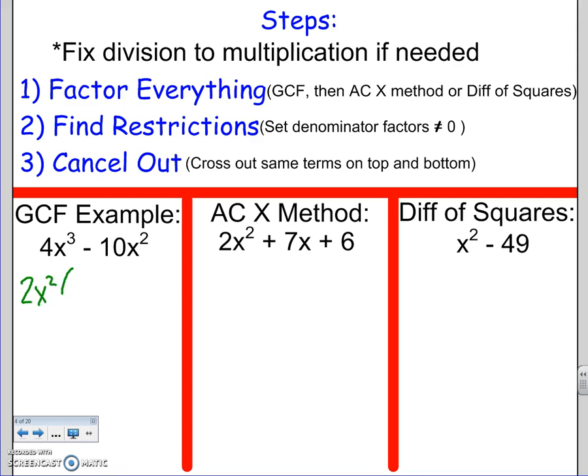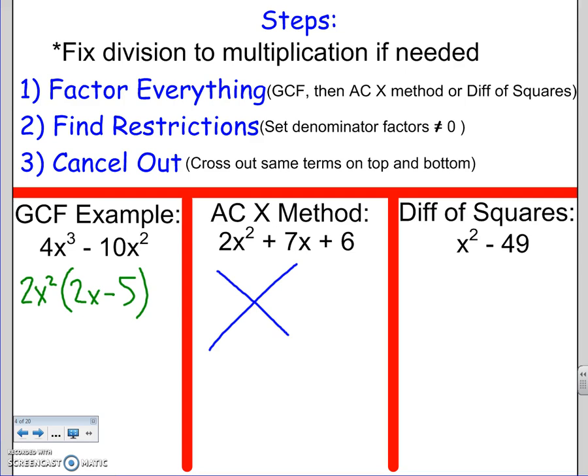And what's left inside would be, well, it's kind of like division. We're basically undistributing. 4x cubed divided by 2x squared is 2x. And negative 10x squared divided by 2x squared is negative 5. That's it. I factored out a 2x squared. If I distributed, I get the original problem back. So that's GCF.